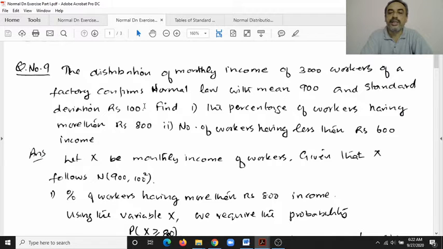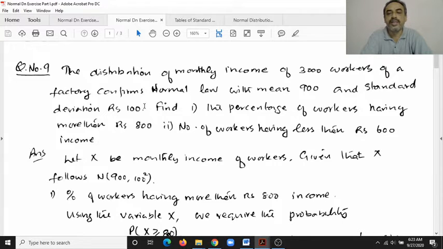We are given that this monthly income follows normal distribution, which means that if you classify the monthly income of these 3000 workers first in a frequency table and then draw its histogram, then if you join the top midpoints with a smooth curve, that curve will be a symmetric frequency curve, and the corresponding equation of that symmetric frequency curve is that of the normal distribution.